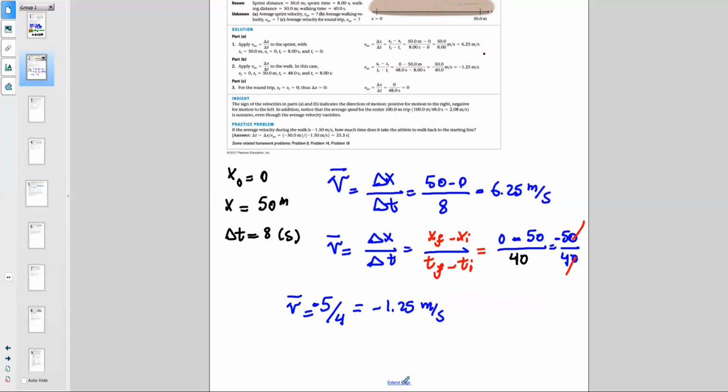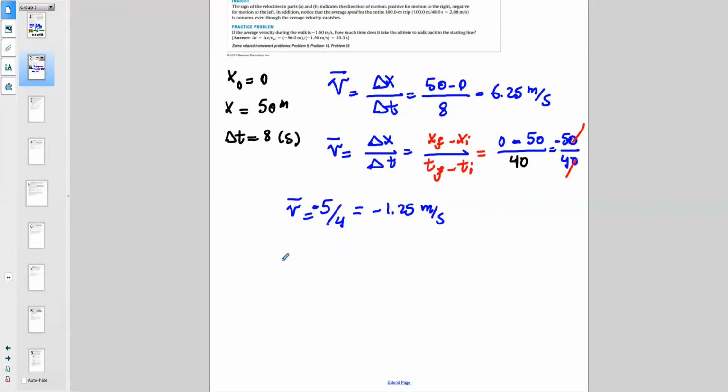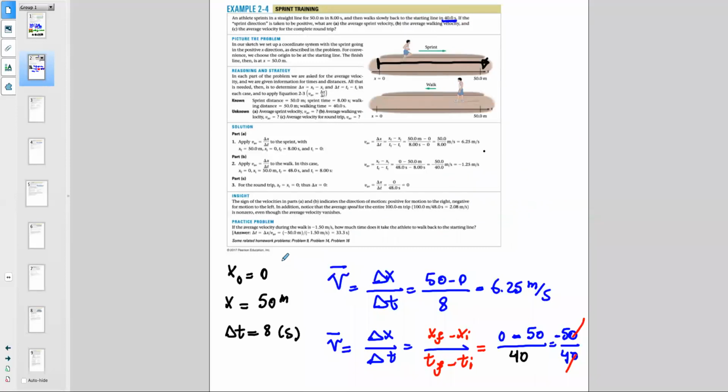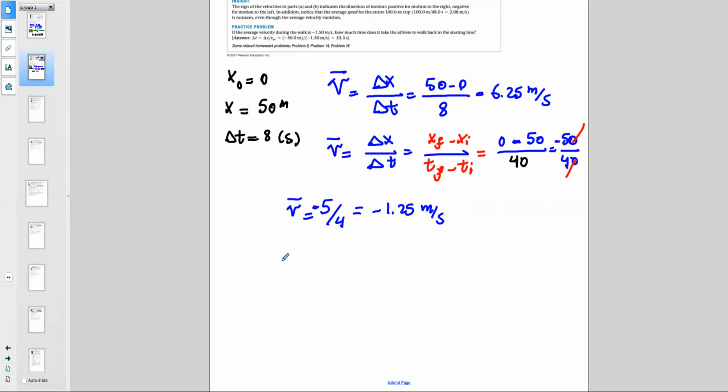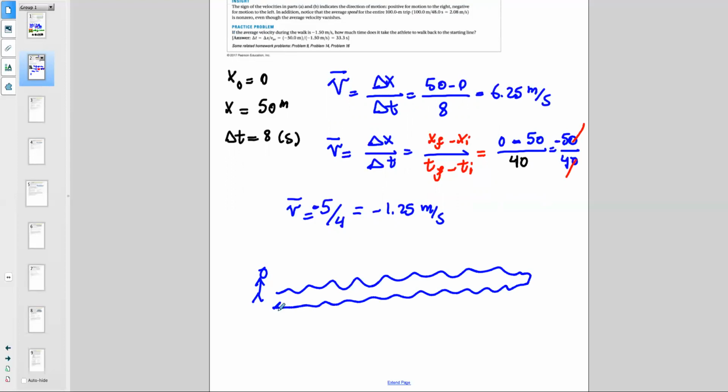Okay. Part C is asking us the average velocity for the complete round trip. So this guy started from this point, went all the way, and then came back to the initial position. So the average velocity is displacement delta x over delta t.